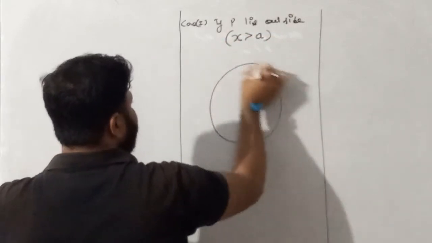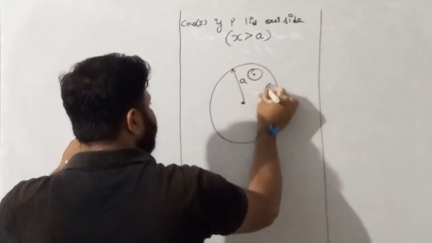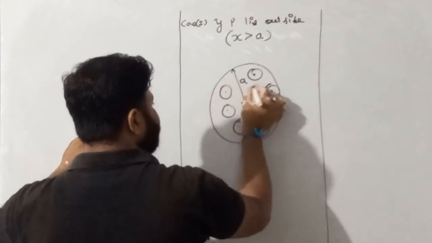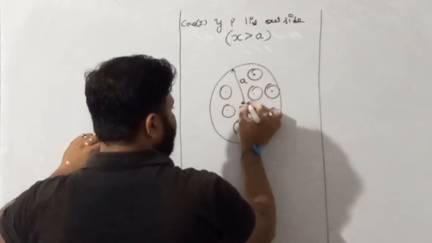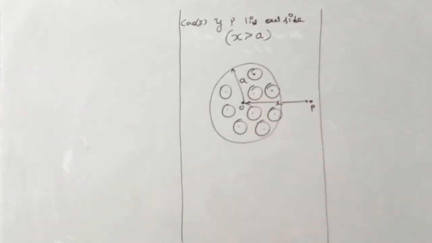So this is the wire, the radius of the wire is A, and current comes out from the wire like this. This is O. From x distance at point P, we want to find the magnetic field now.